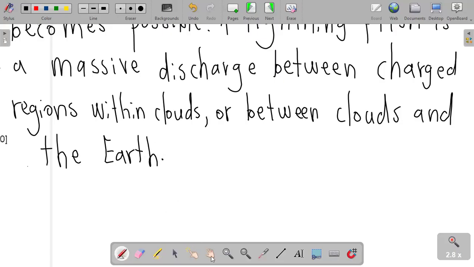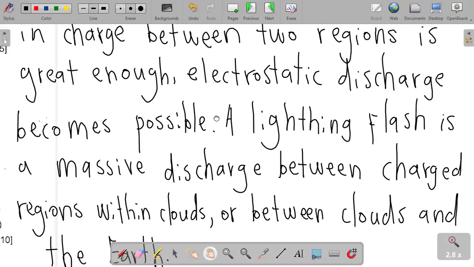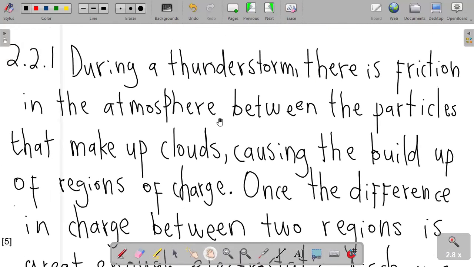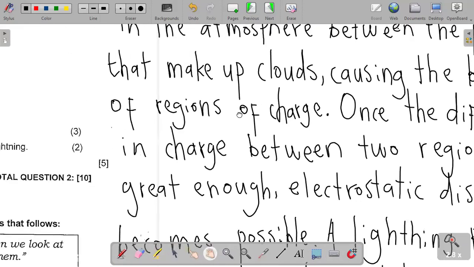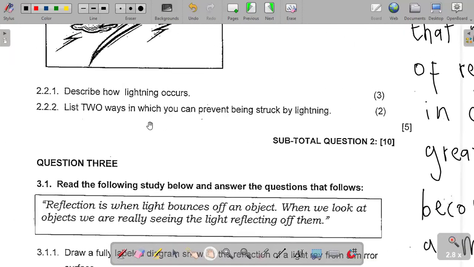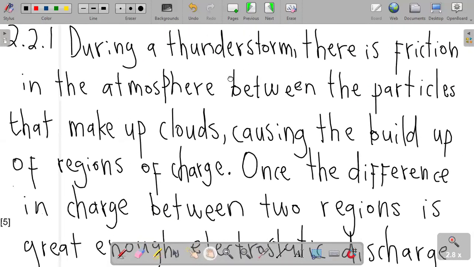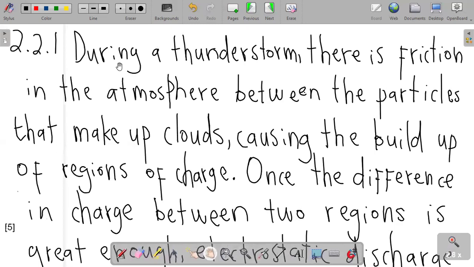So this is how lightning is formed, okay? Because it's a little bit long, this is what they are asking us: describe how lightning occurs. This is 8 marks here. During a thunderstorm, there is friction in the atmosphere between the particles that make up clouds, causing the buildup of regions of charge.